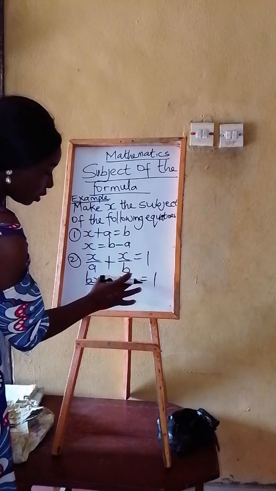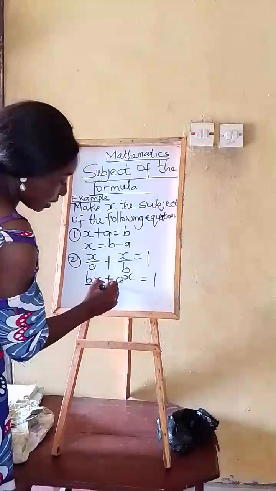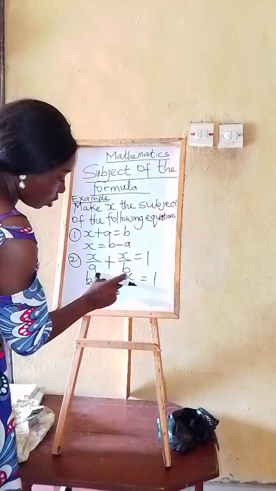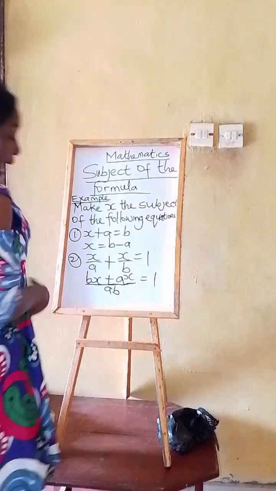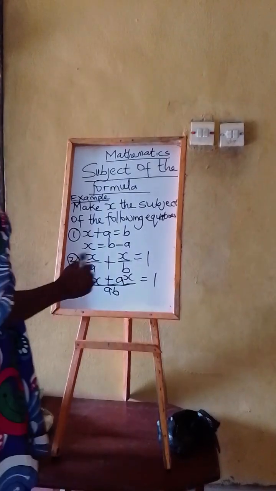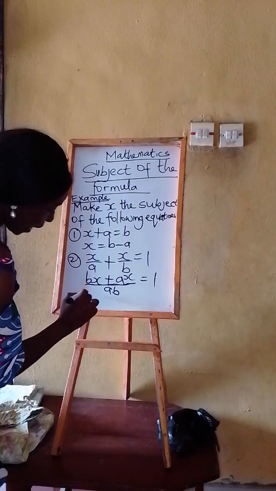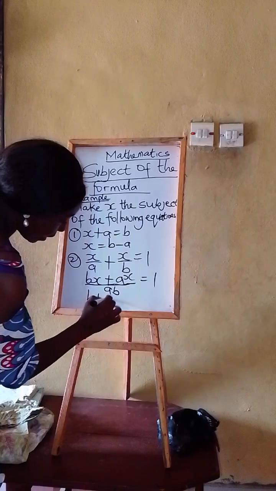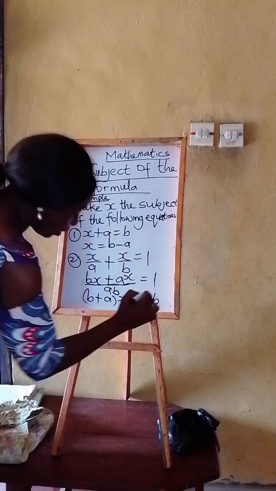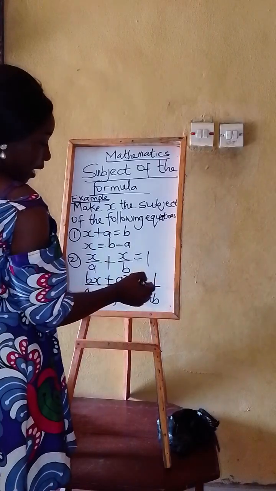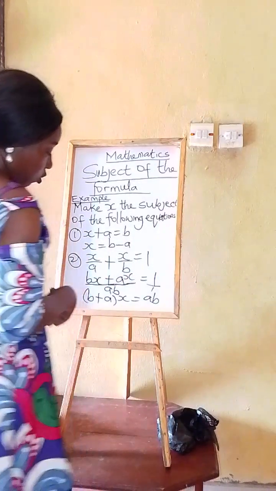The next thing to do is to cross multiply. How do you cross multiply? We have (b plus a) x equals AB. So what do we do?